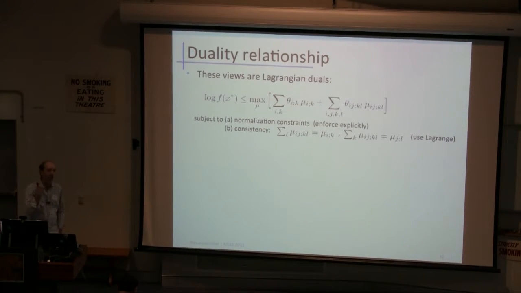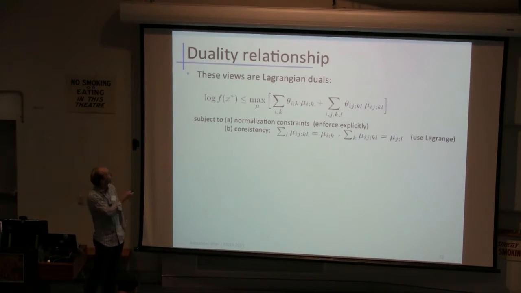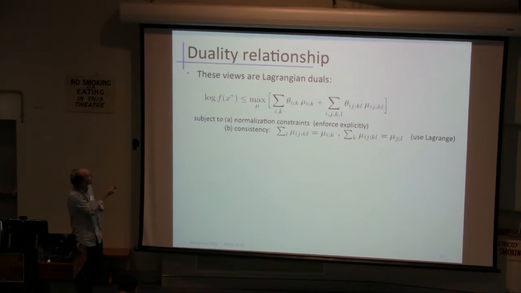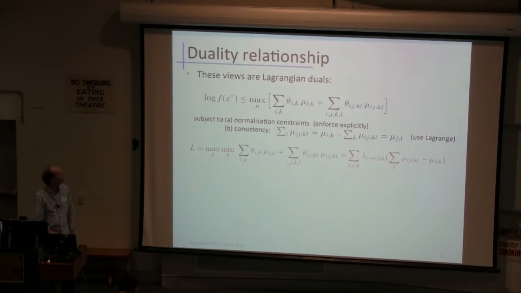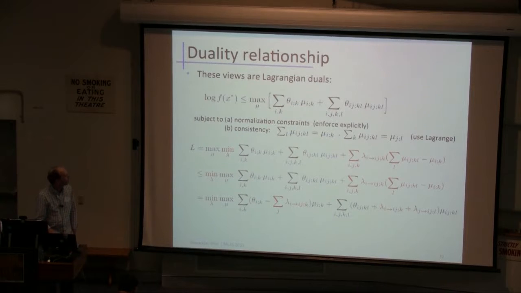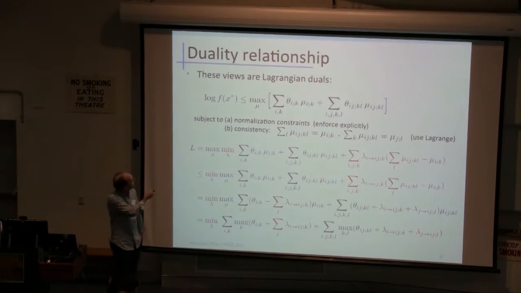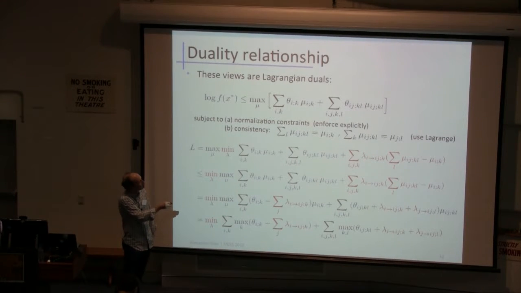So in fact, these two things are exactly Lagrangian duals of each other. So this linear programming relaxation that we wrote down is the dual of dual decomposition. I don't want to prove this to you, but I included this slide in case you want to go and prove it to yourself. It's quite straightforward. The trick is to simply take the consistency constraints that the sum over pairs of configurations needs to equal the individual one, and put a Lagrange multiplier lambda on those.